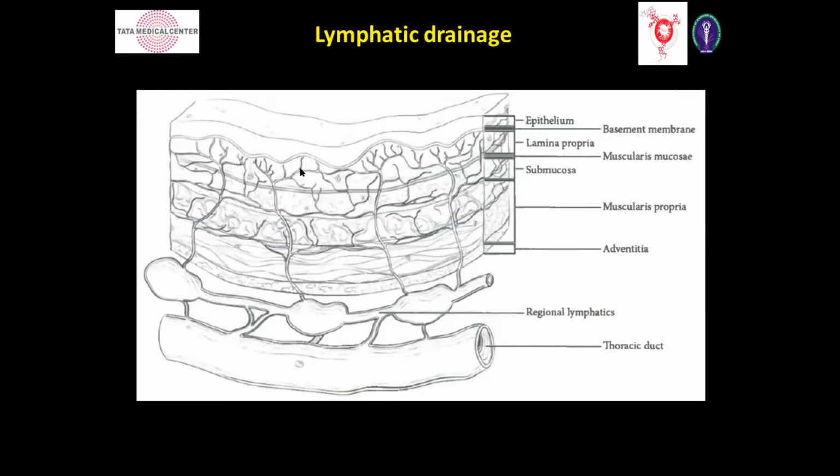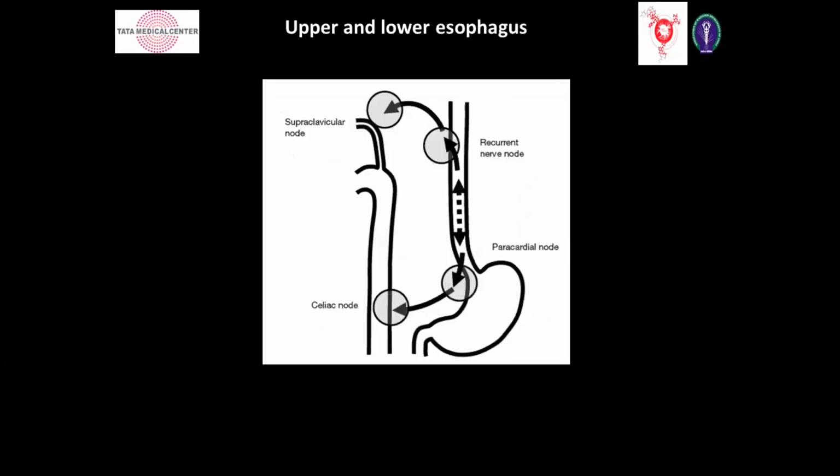If you see, the muscularis mucosa layer is very, very rich with longitudinal connections of the lymphatics, and this is the reason behind skip nodal metastasis of esophageal cancer. Because of rich mucosal and submucosal lymphatics, esophageal cancer can spread upward, downward, and radially.